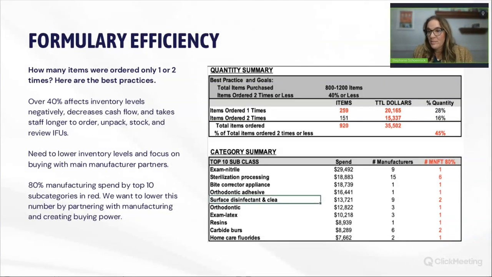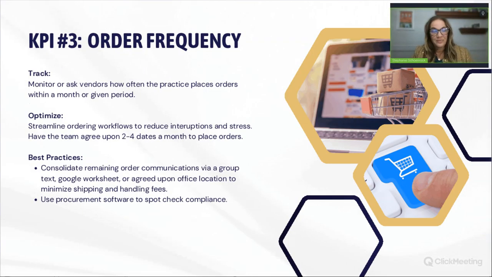Best practice would probably be more like 1 to 3 if everyone can use the same brand in the practice, different sizes, of course, maybe even different textures or different thicknesses, but the same brand. So a formulary can really drive compliance within categories.